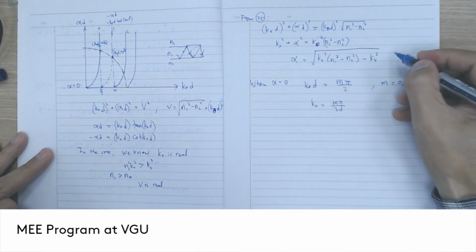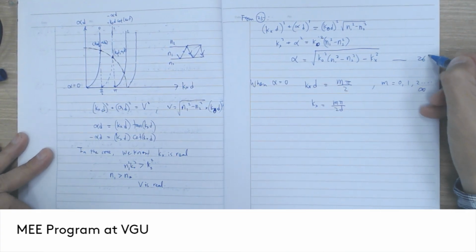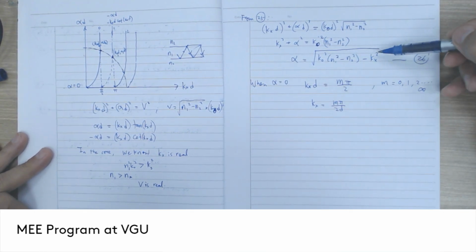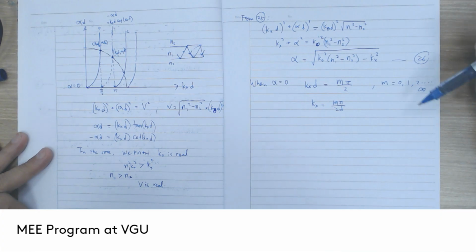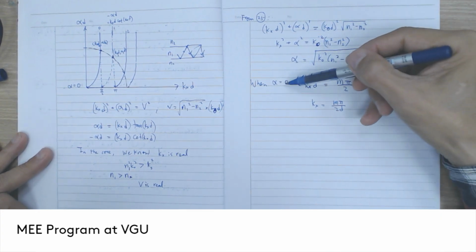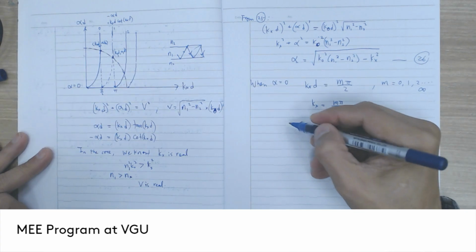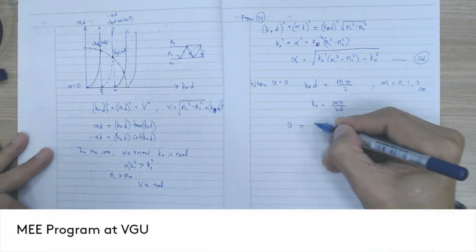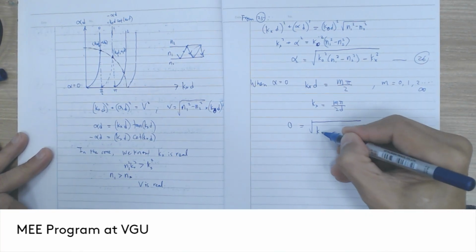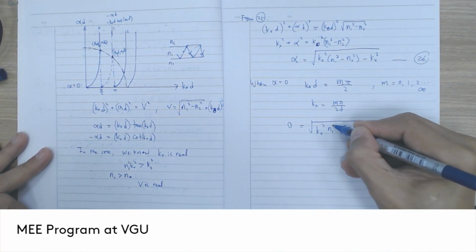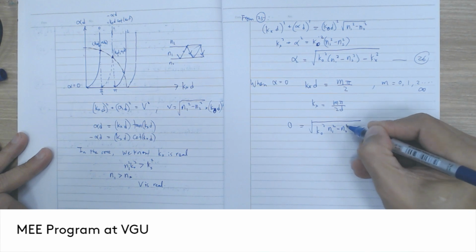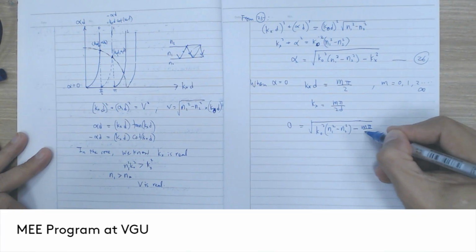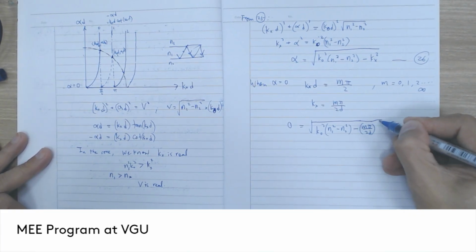And let's say this is equation 26. And from equation 26, we can substitute this value into here, and substitute alpha is 0. And if we do that, then we will get this: m pi over 2d square.